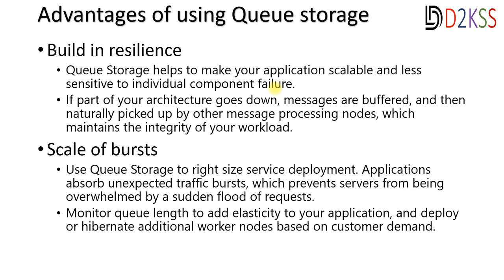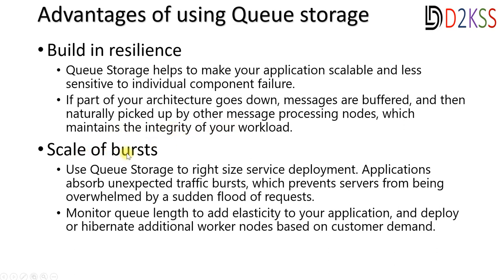So there is no dependency. If the Azure function goes down for any reason, there is no impact to the web application. That's what built-in resilience means. If part of your architecture goes down, messages are buffered, then naturally picked up by other message processing nodes, which maintains the integrity of the workload.